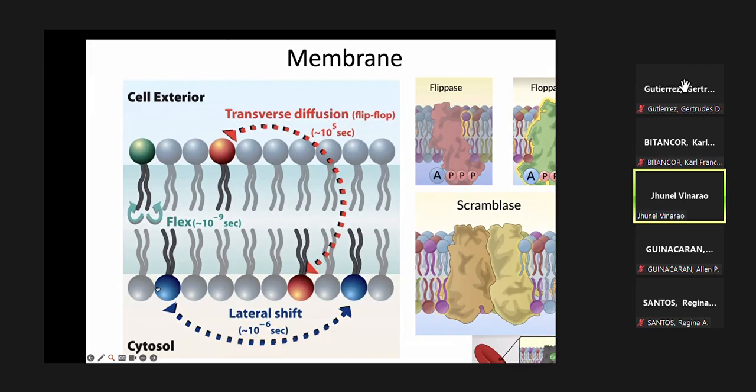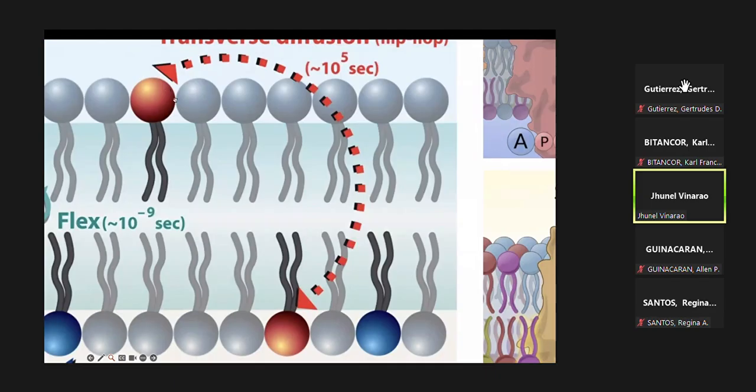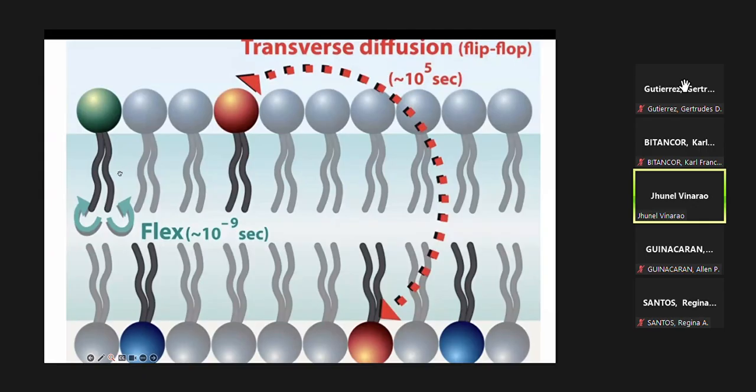Lateral, let's say from this side going to this side. Pero it's not gonna jump. It's just a lateral movement. Or the cytosolic monolayer lipid can move to the non-cytosolic monolayer. Pwede rin yun.